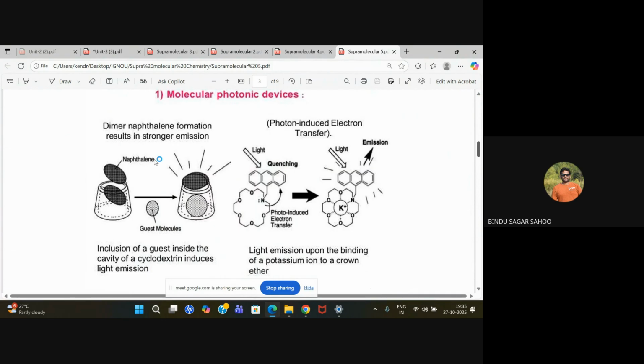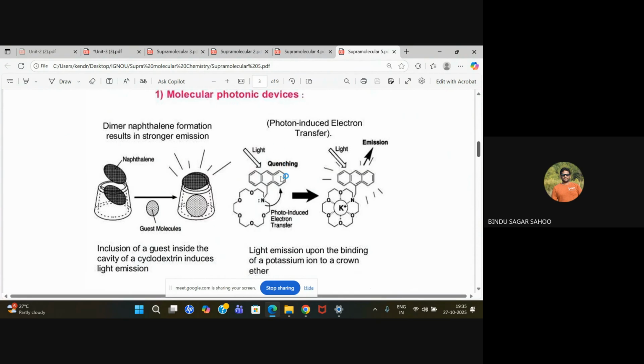These two naphthalene molecules, when they get trapped inside a host molecule, will emit light. If someone wants to restrict the light emission process, they can add another guest molecule, and in the presence of the host-guest interaction, the naphthalene dimer cannot emit light strongly anymore.